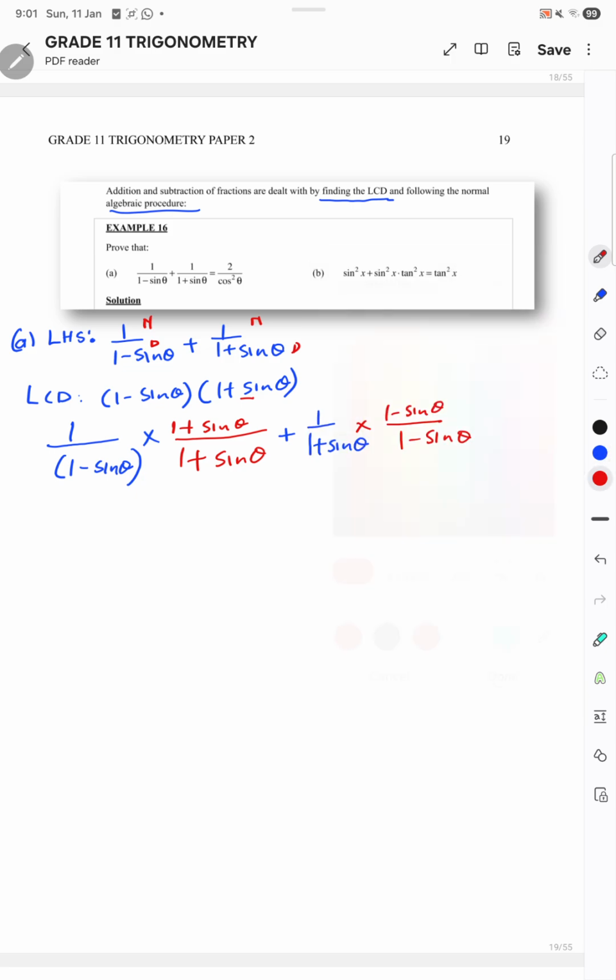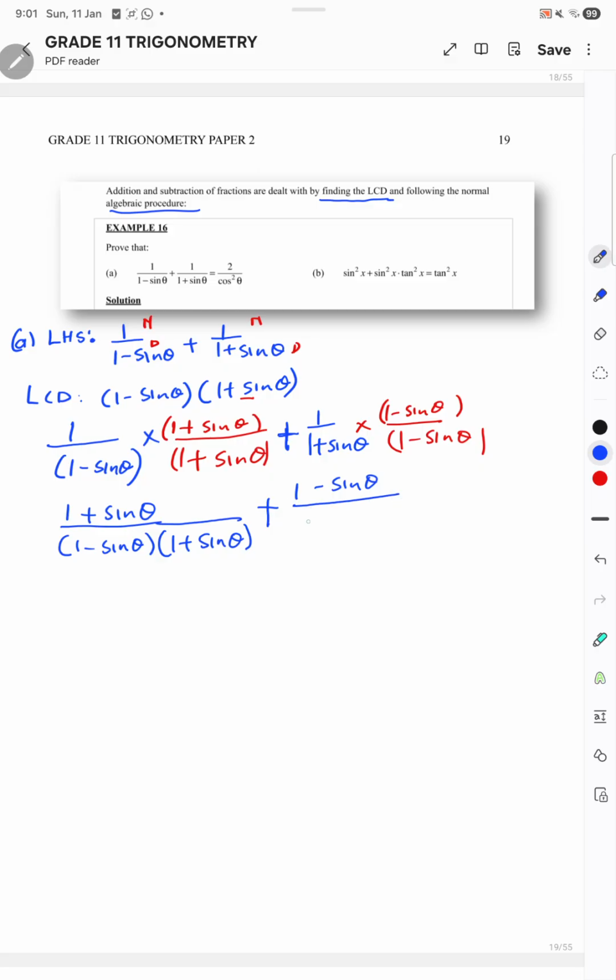So this goes in brackets, because it's 2 numbers and it's one thing. Good. Now it's 1 times that. So 1 times that will still be 1 plus sine theta over 1 minus sine theta, 1 plus sine theta. This is plus this addition. Multiply 1 minus sine theta is what you're left with, over 1 plus sine theta, and then 1 minus sine theta.